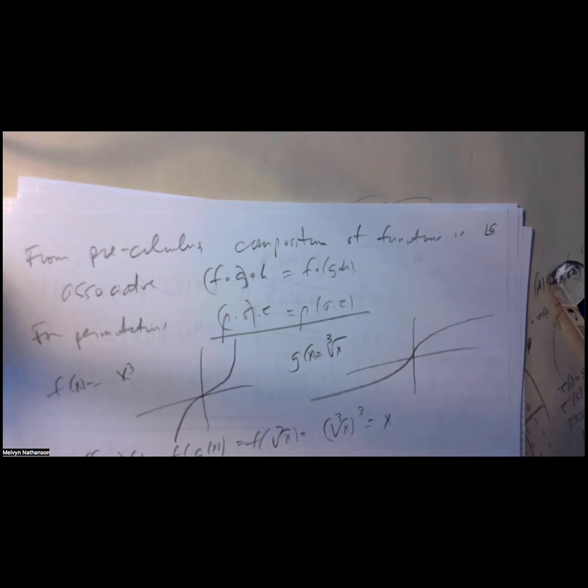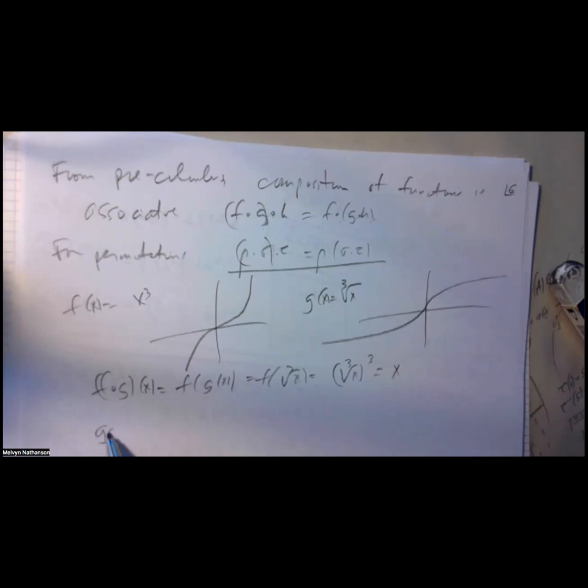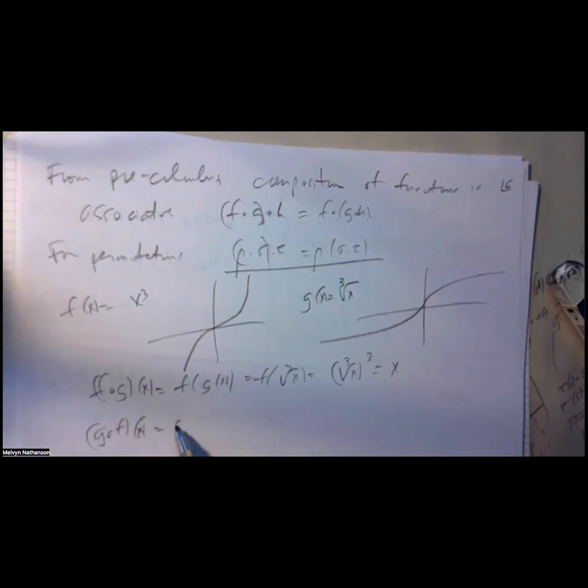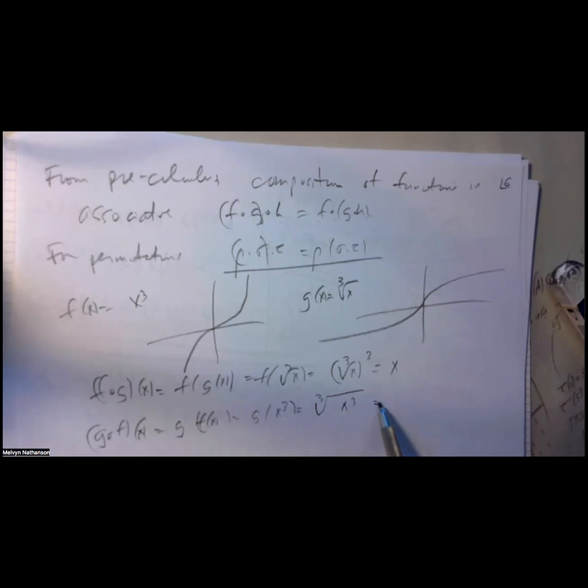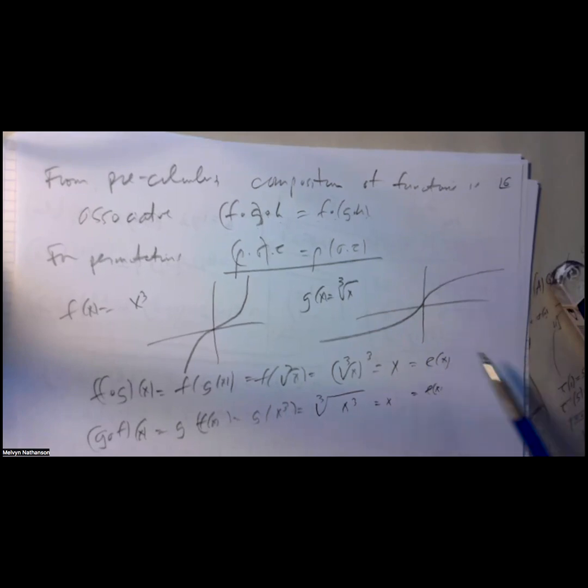And if you take f composed with g of x, that's f of g of x, that's f of the cube root of x, that's the cube root of x cubed, that's just x. And g composed with f of x is g of f of x, that's g of x cubed, that's the cube root of x cubed, that's also x. So this is just the identity, e of x. Right? e of x is just, f of x equals x, or e of x equals x.